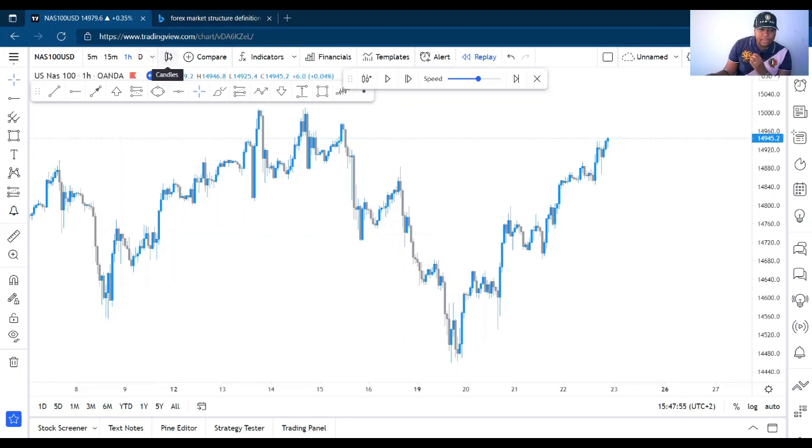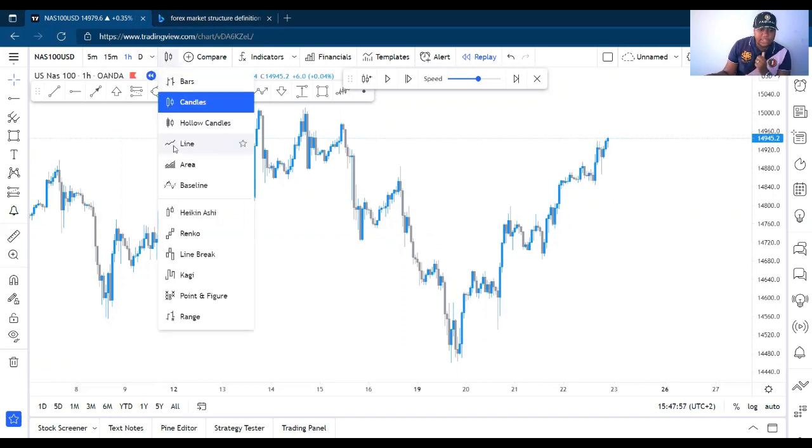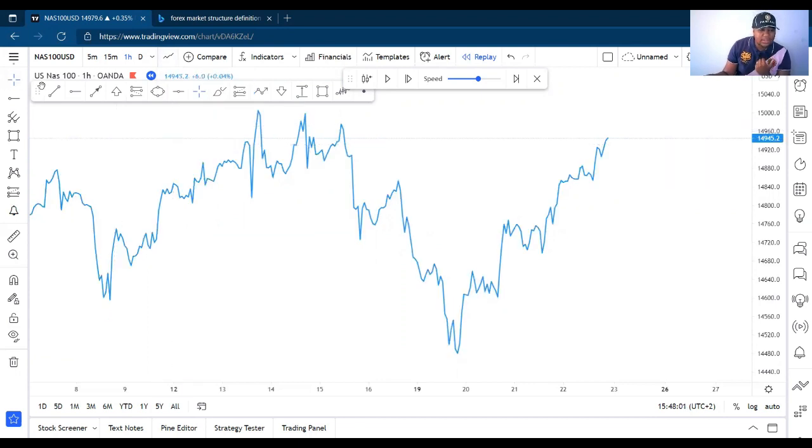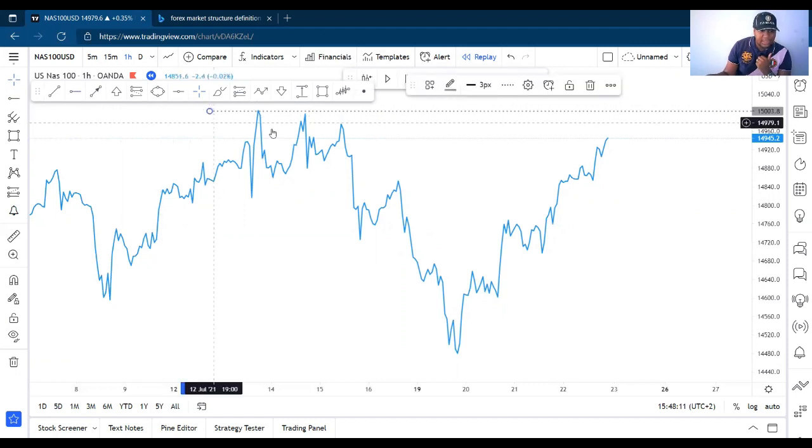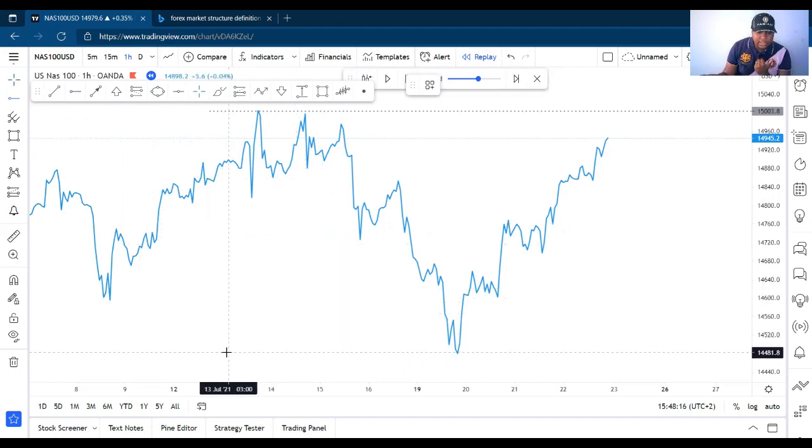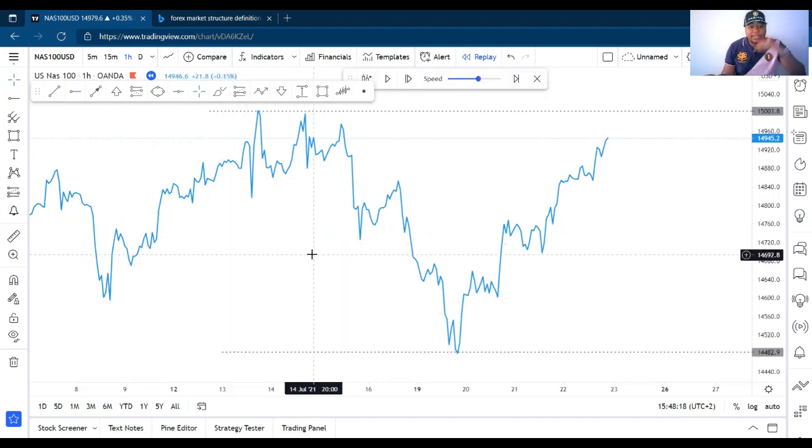One of the easiest ways is to use a line chart, because it gives you the highs and lows as evident as even a child can see. We can see that high, and we can also see that lowest point. So that gives me that whole room.